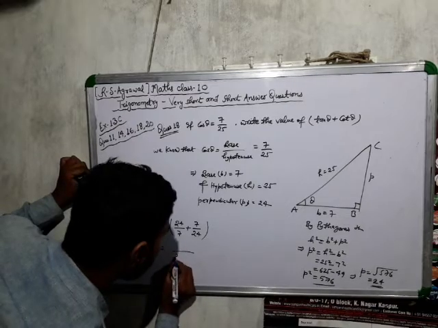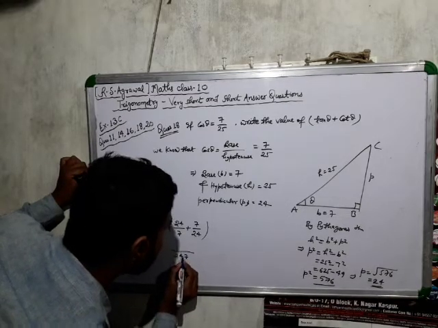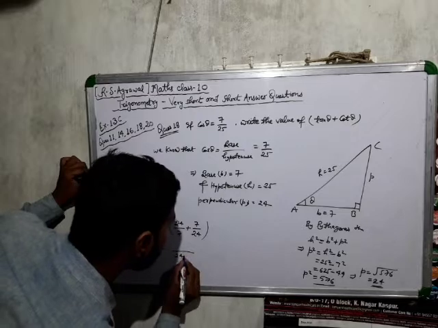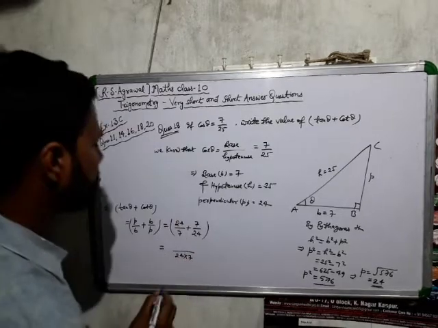It is equal to, LCM is 24 into 7, 24 multiplied by 7.